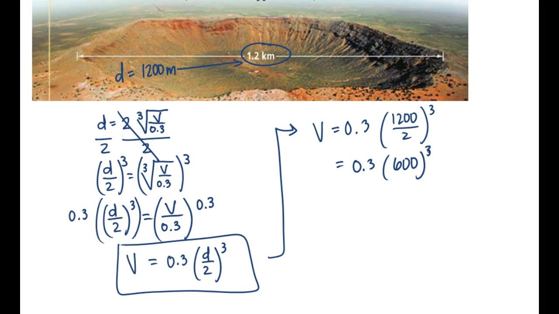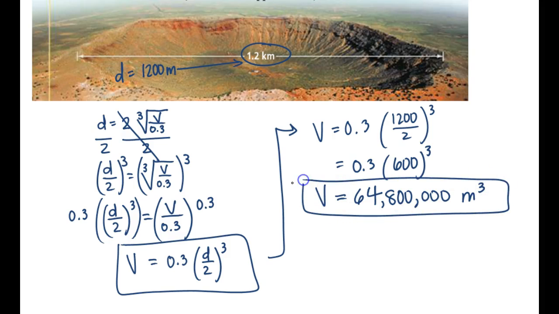And when you multiply that in your calculator, you should get a value of 64,800,000. And that would be in cubic meters. So that would be the volume of the meteor crater, and that is approximate.